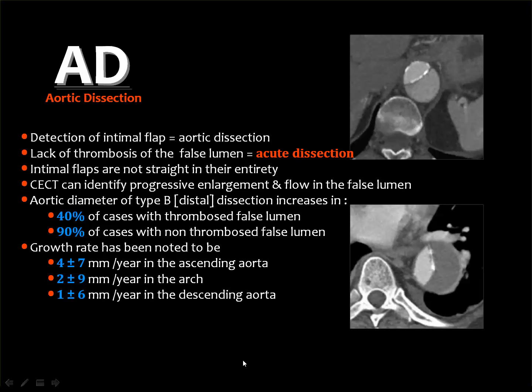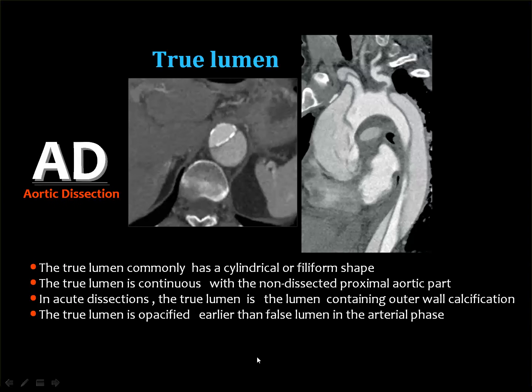And much of the literature says that thrombosis of the false lumen is considered a sign of healing, since the false lumen is obliterated, and they said that there is no need for intervention or surgery.